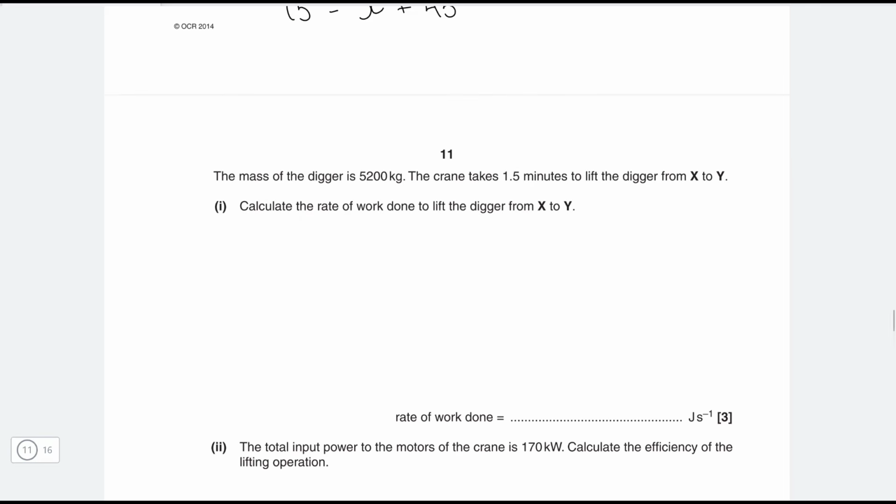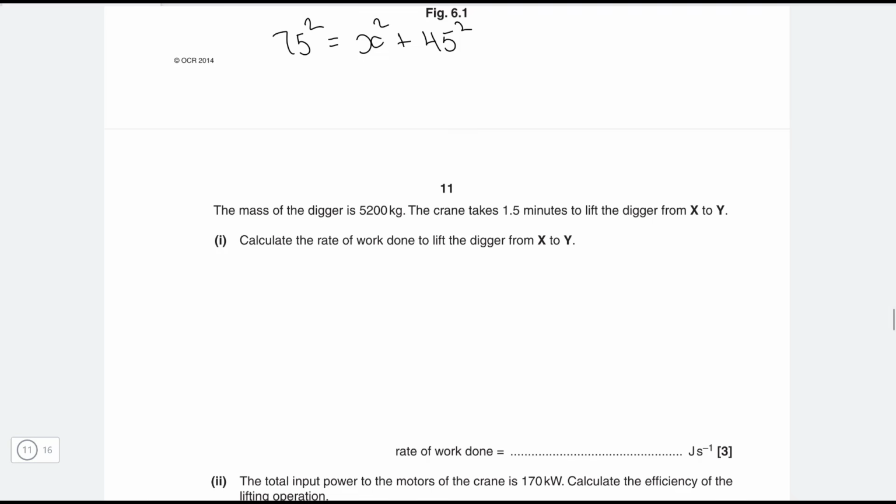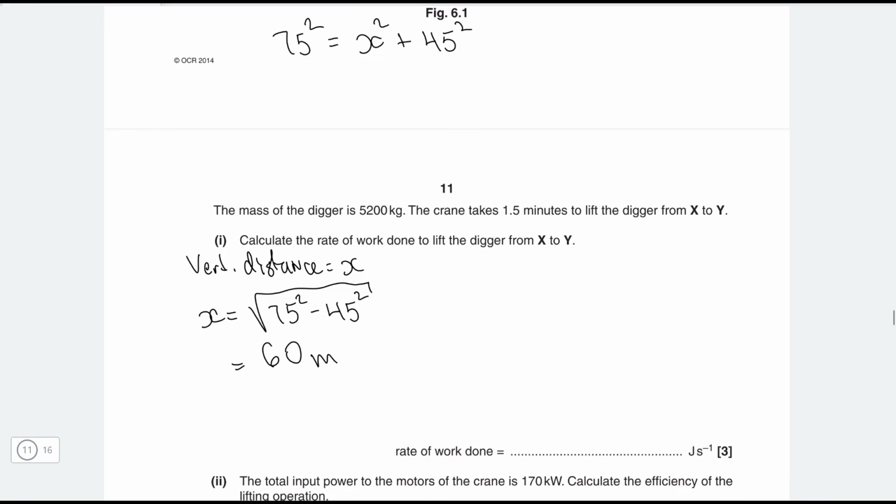Let me rewrite this: the vertical distance, I'll call that x, and x will be equal to the square root of 75 squared take away 45 squared, which is of course just equal to 60 meters.